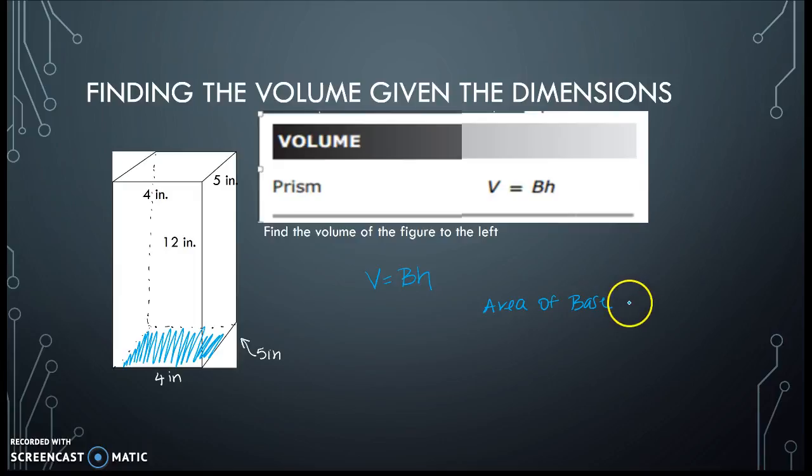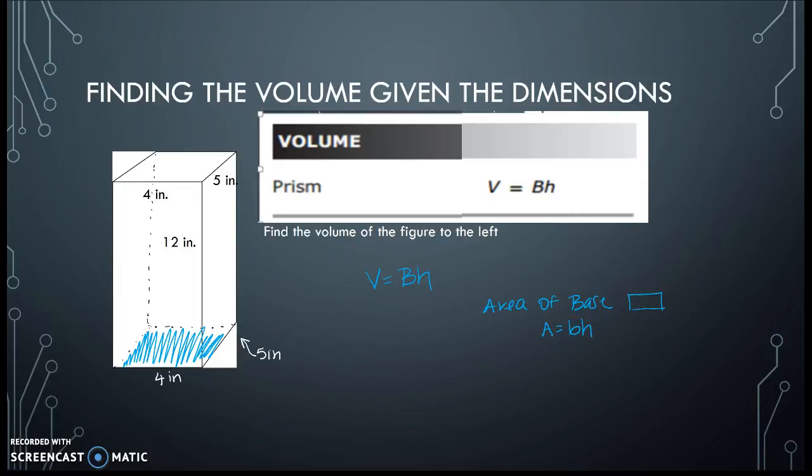So this is a rectangular prism. So I need the area of a rectangle. So if we look at our formula chart, we know that area of a rectangle, area equals base times height. So yes, you must write this formula. Because it's a rectangle, we have to write area equals base times height.